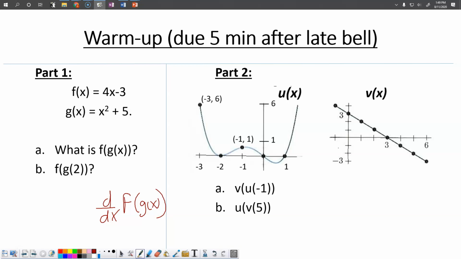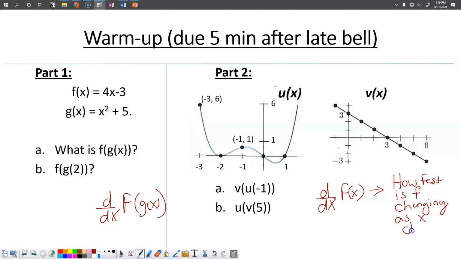As you guys know, when you find the derivative of a function, what that tells you is how fast that function is changing. So as x changes, how fast does the function change? Or another way to say that is, how fast is f changing with respect to x?